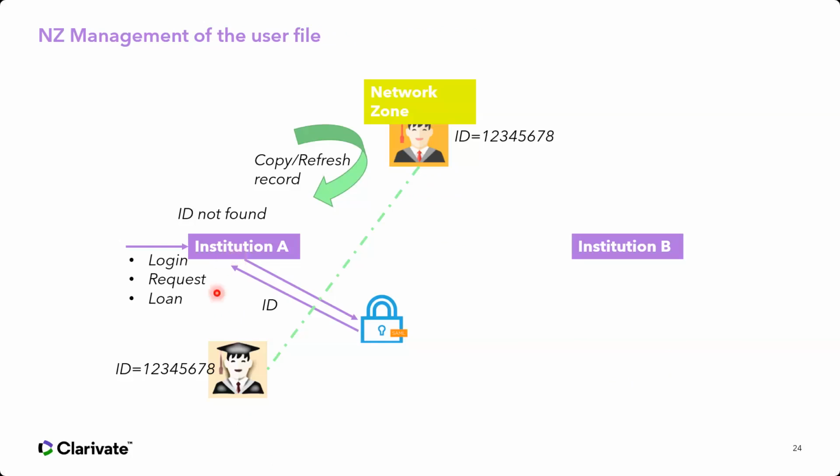And Alma, if it does not find that ID to already exist in the database, will automatically pull that from the network zone. So in reality, the patron was able to log into institution A based on credentials that are managed in the Shibboleth and an account that was created in the network zone, and Alma will take care of the rest. It will copy the records from the network zone into the institution at login time.